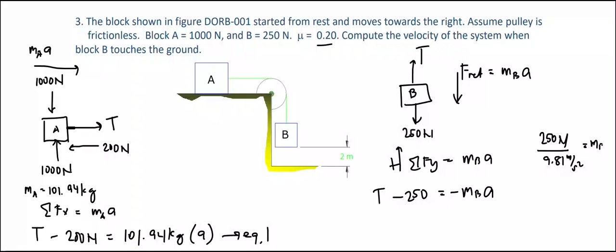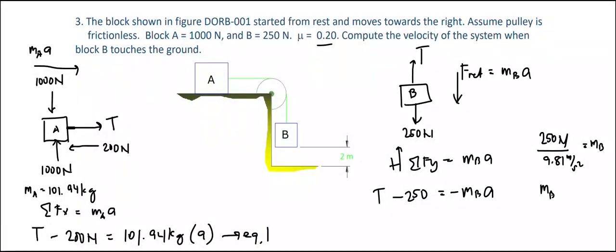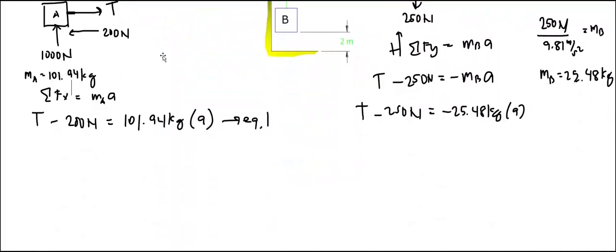That is equal to 250 divided by 9.81 equal to 25.48 kilograms. So we have T minus 250 newtons equal to negative 25.48 kilograms times the acceleration. And this serves as our second equation.